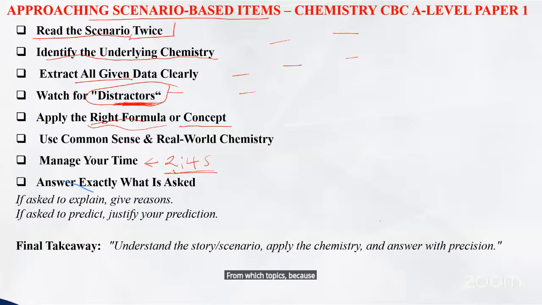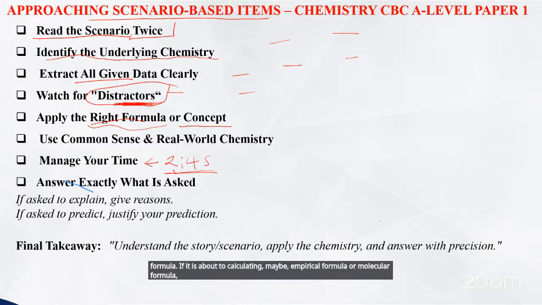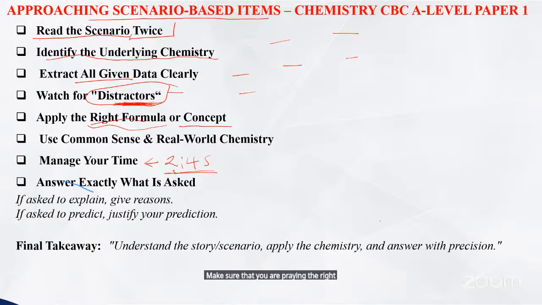Because it may even be more than one topic. Then after that, apply the right formula. If it is about calculating maybe the empirical formula or molecular formula, make sure that you're applying the right formula. Or you're determining the acid dissociation constant. You need to know the formula for determining such things.